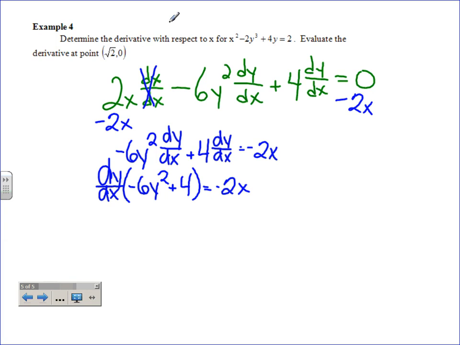Okay, factored out the dy dx, probably a good idea, because we don't want more than one of them. Yes, a slight assist there.